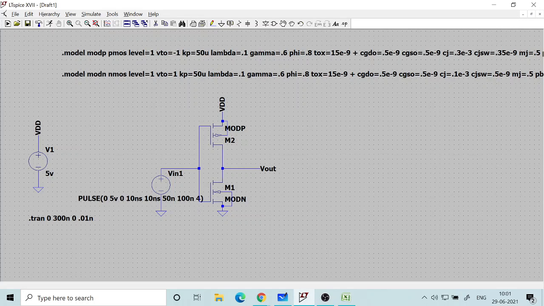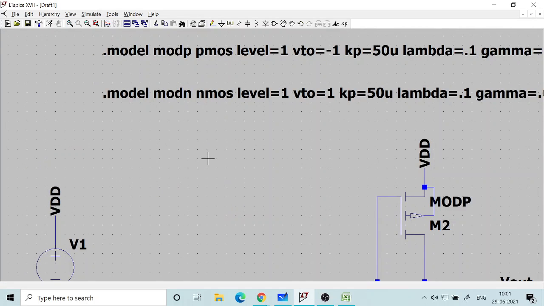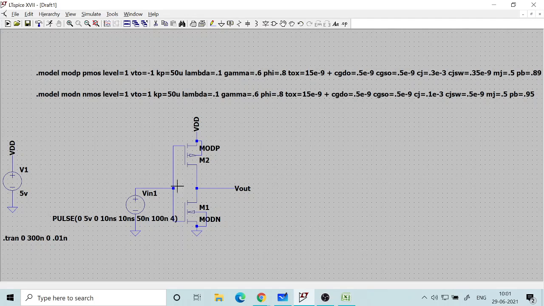Okay, so this is our yesterday's circuit, same model parameters, etc. Okay, hope you can see this.